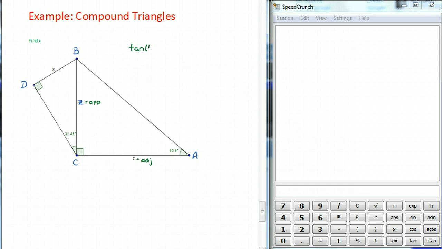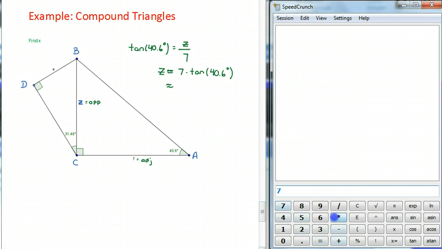So tan of 40.6 degrees, don't forget that degree symbol, is the opposite, which is Z over 7. So Z is equal to 7 times tan of 40.6 degrees. So Z is approximately equal to 7 times tan of 40.6, 5.9997.